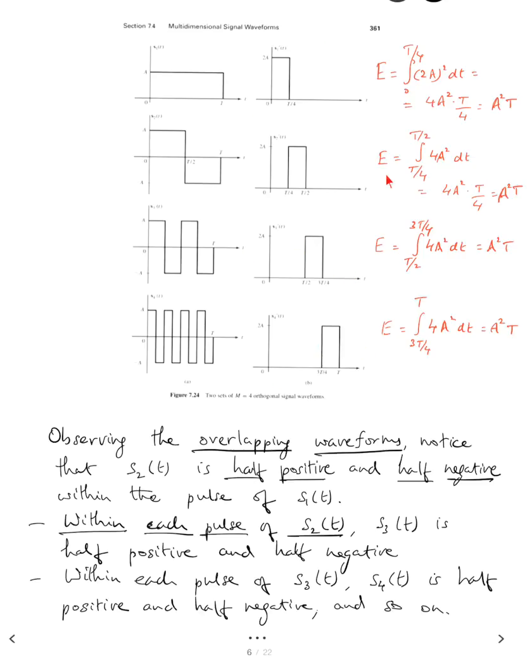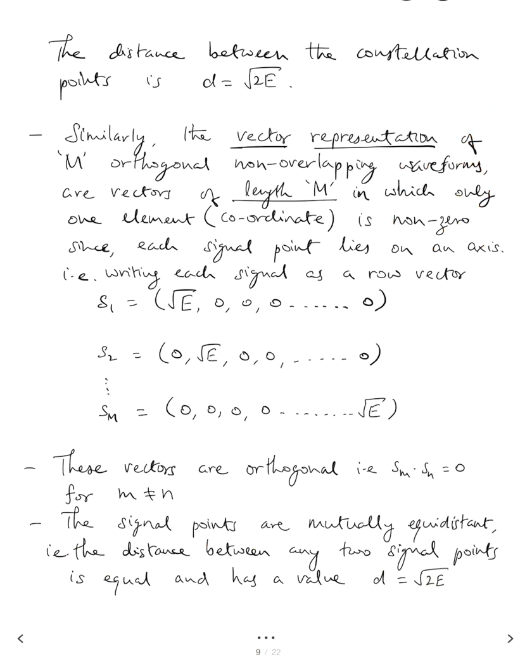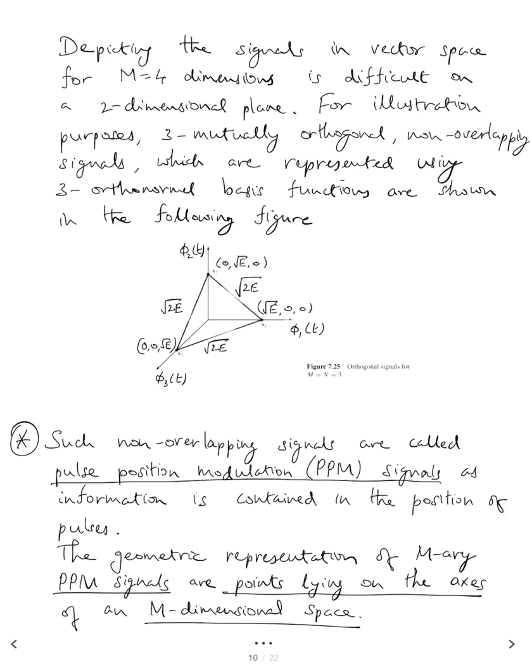So all four of them are identical in terms of their amplitude and width. The only difference between them is their positions. So information is contained in the position of the pulse. This constitutes a kind of baseband representation called pulse position modulation, so we call these signals PPM signals.